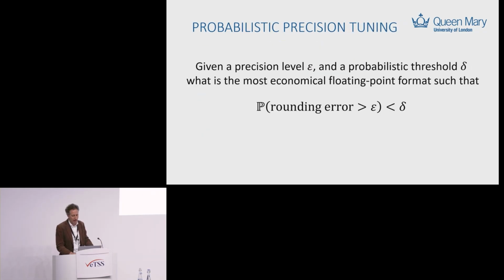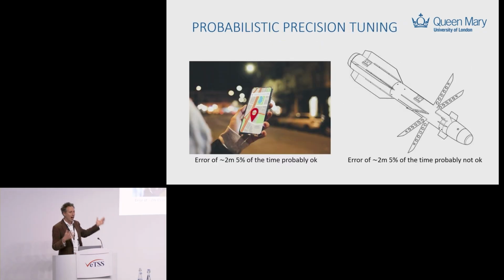And secondly, as an engineer, you have certain constraints that you can play with. If you're looking at the GPS signal on a mobile phone, you can probably allow some level of error some percentage of the time.